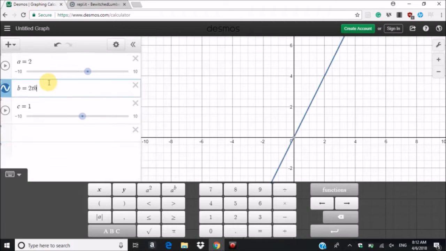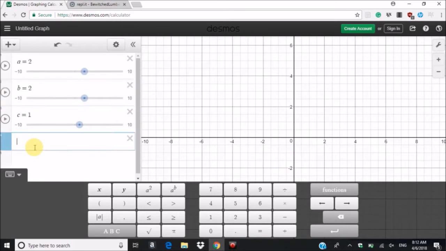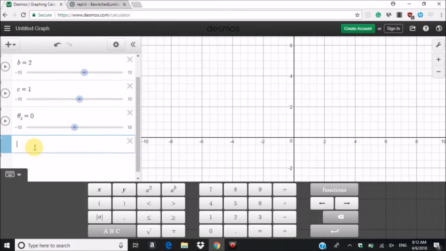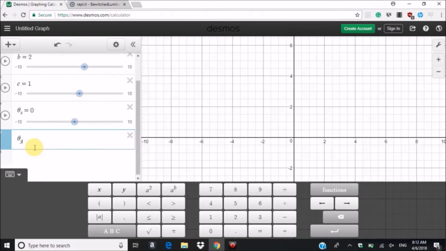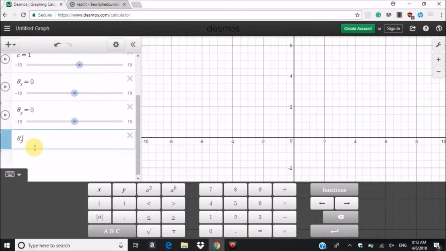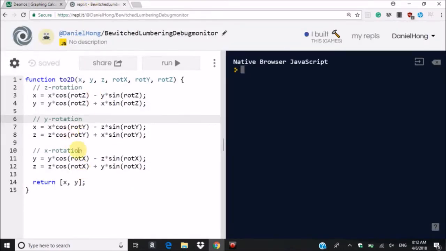And then we're going to need rotation x, rotation y, and rotation z.